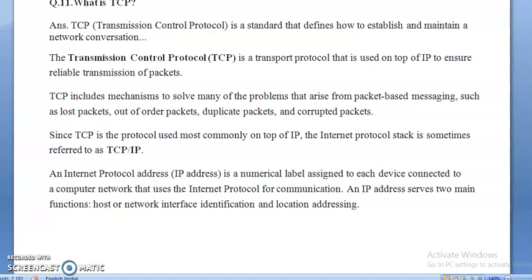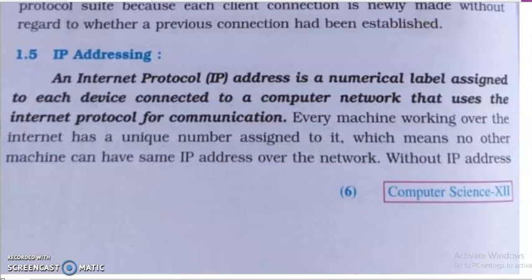So the IP part handles the addressing of the computers, and TCP handles the routing of the data, or the movement of data from the senders to the receivers. Now for that we need to understand the IP addressing part.